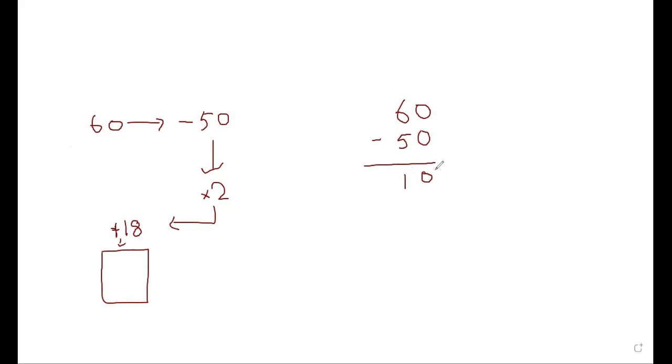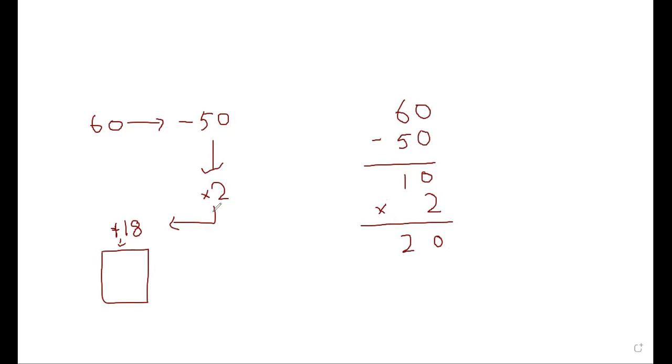I get 10. Now what do I have to do with 10? Multiply by 2. I'm going to write the sign of multiplication and write 2 under 0. Now 2 zeros are 0 and 2 ones are 2. What do I get? I get the answer 20.